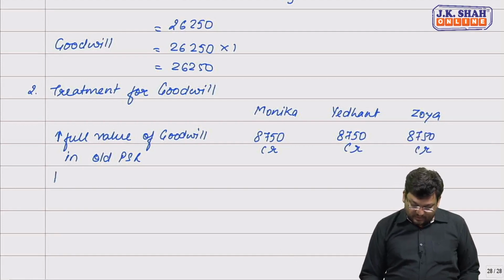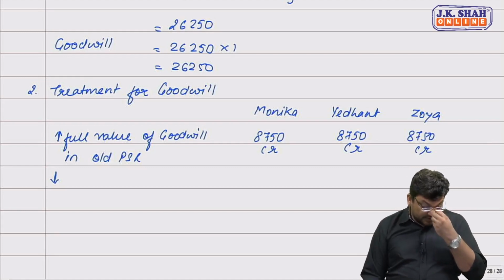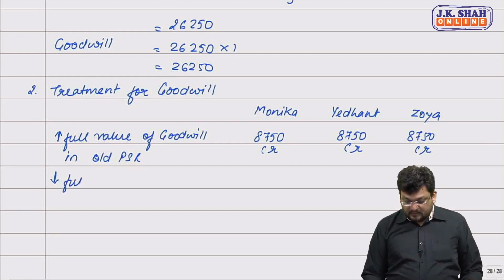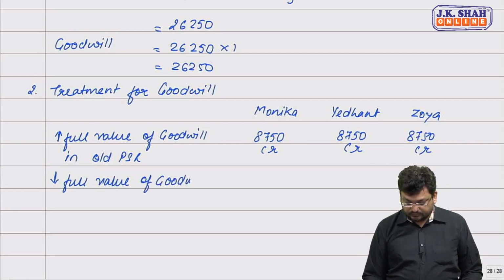And we will then be writing off full value of goodwill in their new ratio. If nothing is mentioned about new ratio, it will also be treated as equal. So we'll write off full value of goodwill in new profit sharing ratio.